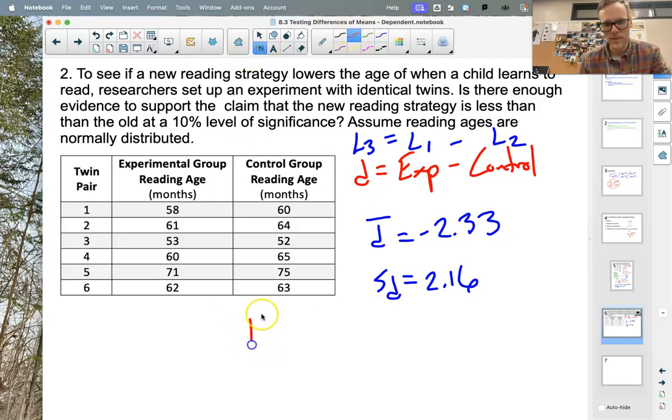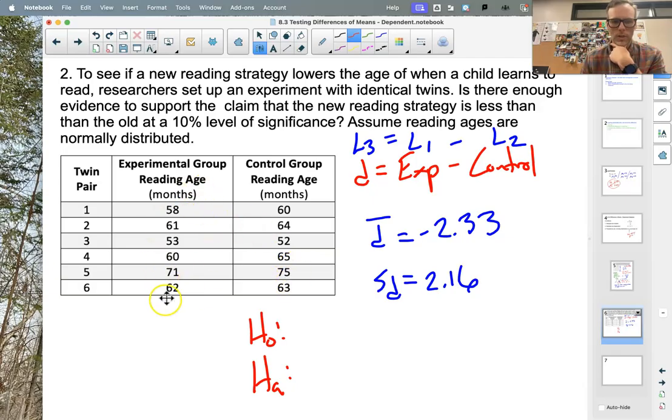Let's write some hypotheses. Is there enough evidence to support the claim that the new reading strategy, that's the experimental group, is less than the old? All right, so these are the ages, and these numbers are smaller than those. Now, which way did we subtract? Experimental minus control.